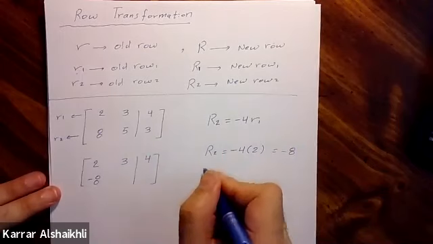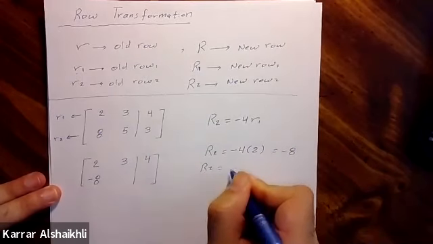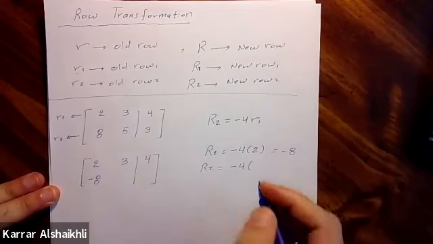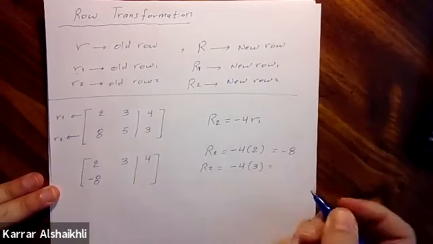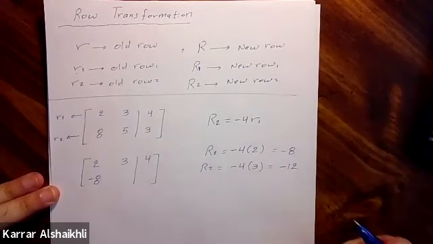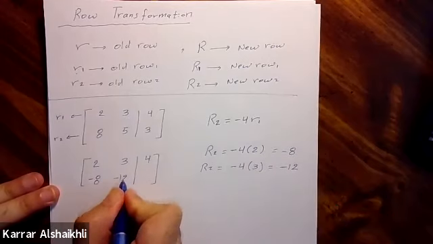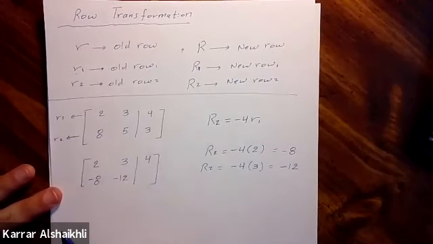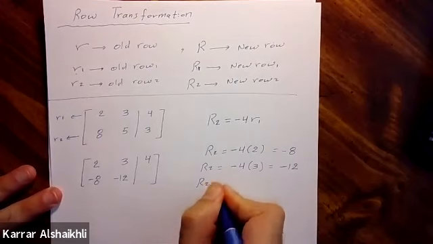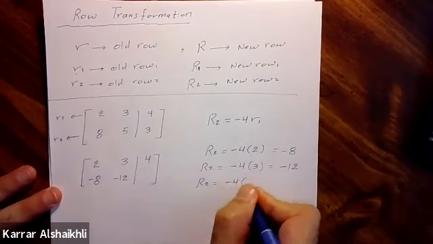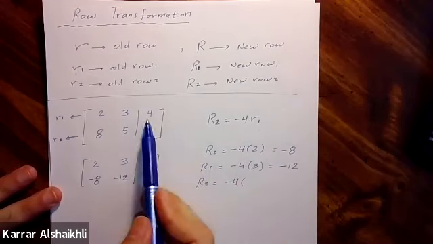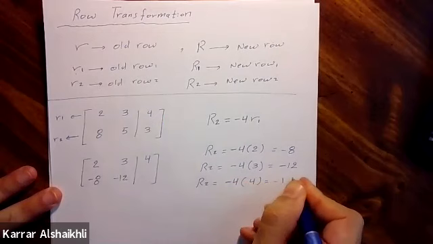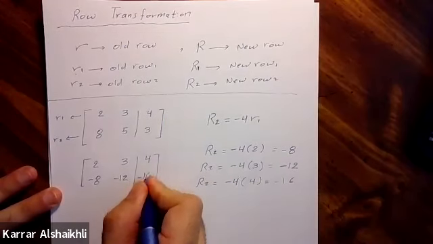The second one is negative 4 times this number, which is 3. So it's going to be negative 12. So I'm going to write down here negative 12. The new R2, we have to do one more step. The new R2 is going to be negative 4 times the last number of R1, 4. So it's going to be negative 16. So now negative 16 here.